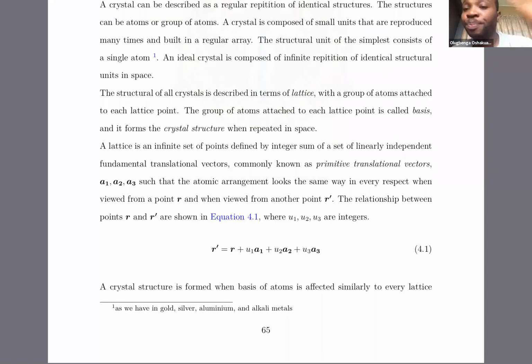Okay, so equation 1 here is telling us about translational vectors. Let's make things simpler and talk about 1D. Let's have a 1D chain of atoms, and let's use numbers that we are used to.